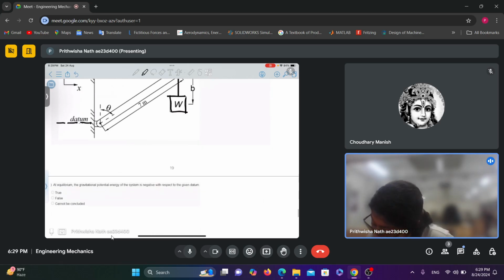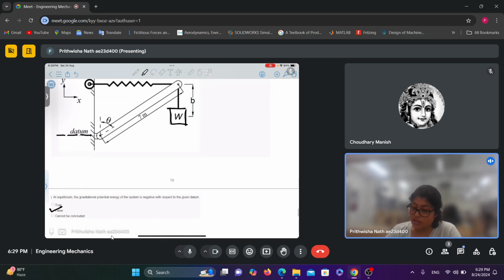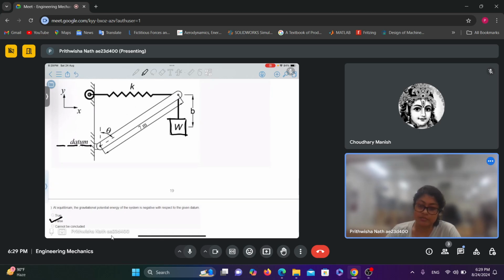So this is false, right? The gravitational potential energy due to this weight is positive with respect to this datum.